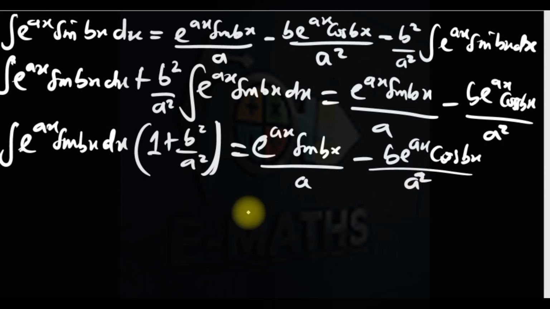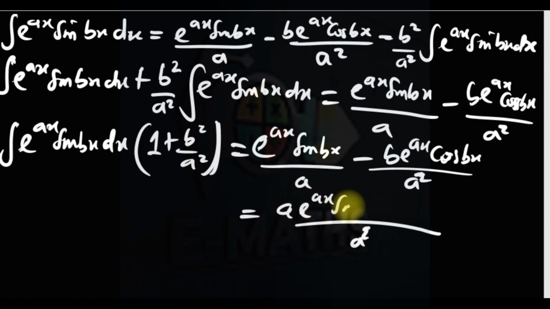So maybe let's, the LCM here is a squared, so I have a e^(ax) sine bx minus b e raised to power ax cos bx. That's the LCM.